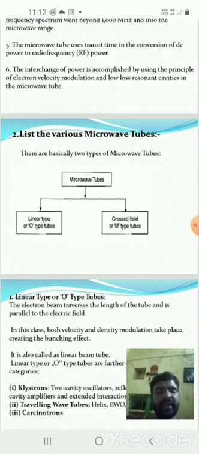In the crossfield type, the electron beam travels in a curved path. In linear type, the electrons move parallel to the electric field. In crossfield, the motion is perpendicular to the electric field.